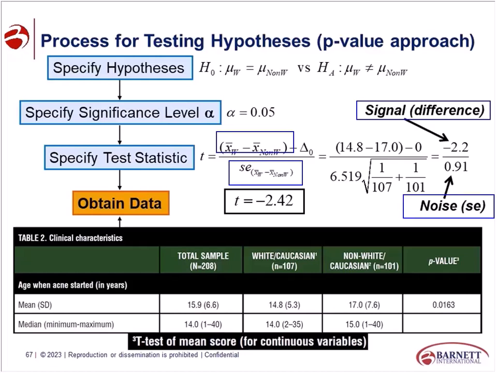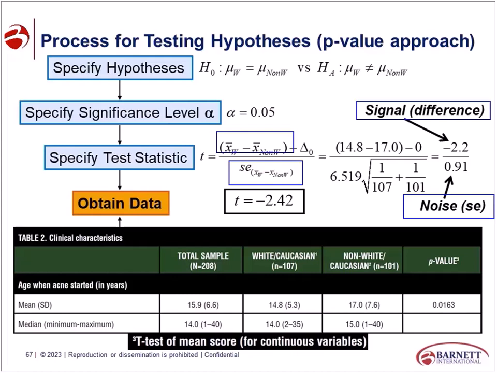Signal is the difference you observe in your study, and the standard error measures how much variability you have from sample to sample. And the more variability, so notice where the variability is, it's in the denominator. The more variability you have from sample to sample, the smaller the test statistic. Okay, so that's really key.